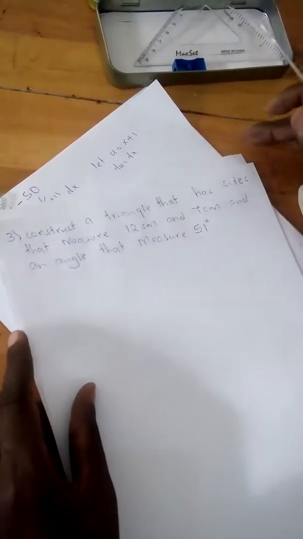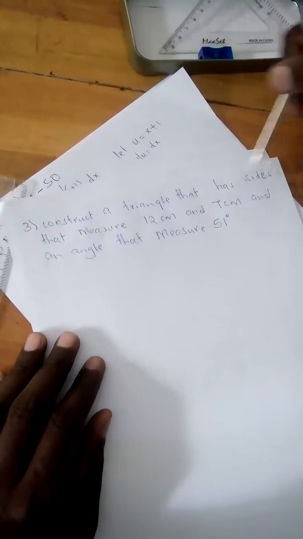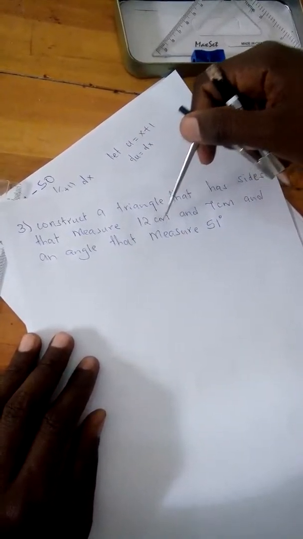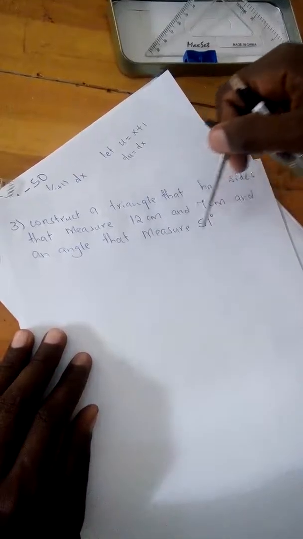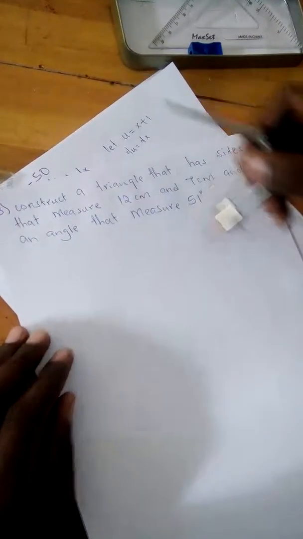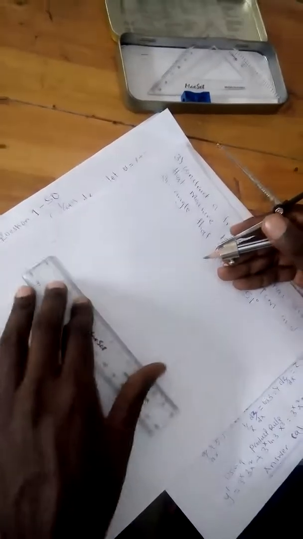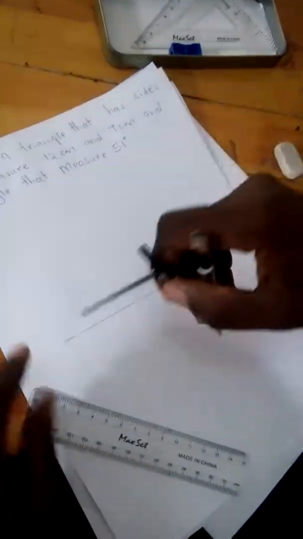The last one that we will be constructing is when you have two sides and one angle. Construct a triangle that has sides that measure 12 centimeters and 7 centimeters and an angle that measures 51 degrees. We will start with the longest length, that is 12 centimeters.